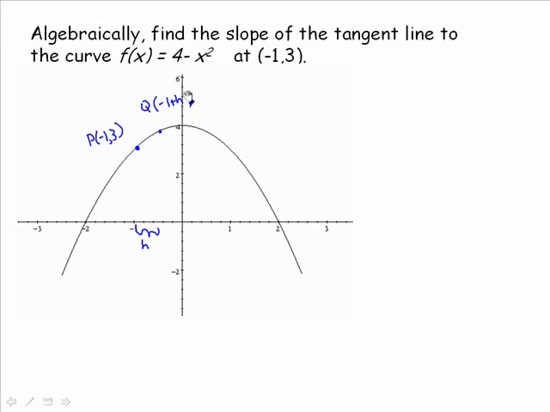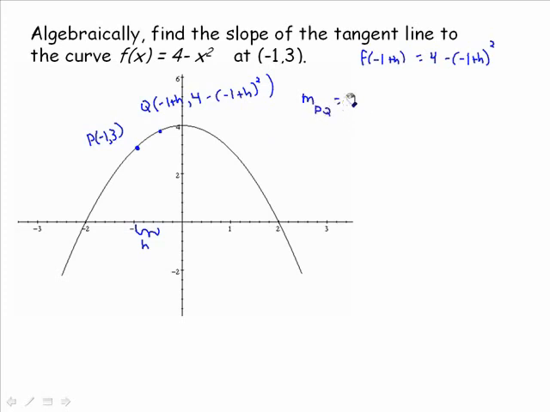So our x coordinate is negative 1 plus h. Our y, now be careful, because f of negative 1 plus h is equal to 4 minus (negative 1 plus h) all squared. And now all we do is get the slope of PQ.